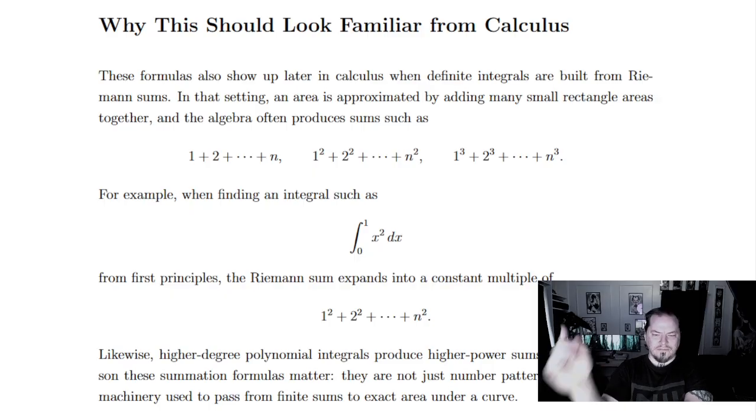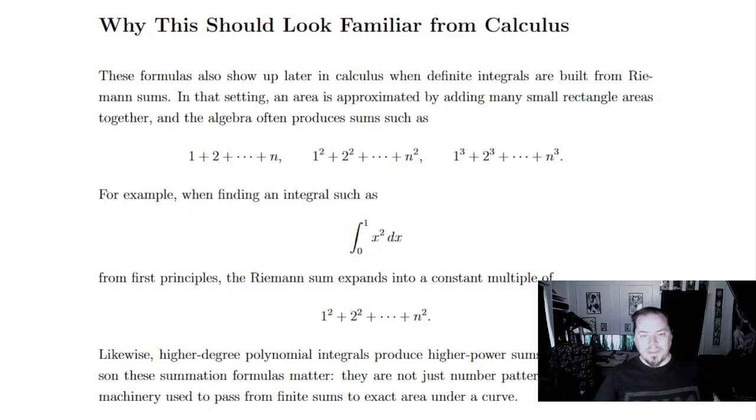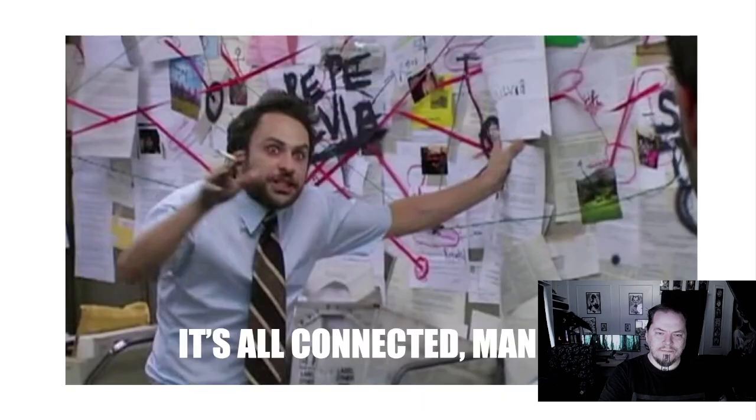There's the whole set of Riemann sums to expand. And then the higher degree polynomial integrals produce higher power sums. That is one reason that these summation formulas matter. They're not just number patterns, but part of the machinery used to pass from finite sums to exact area under the curve. So, yeah, they should look familiar. We should have all seen these a lot because it's all connected, man.